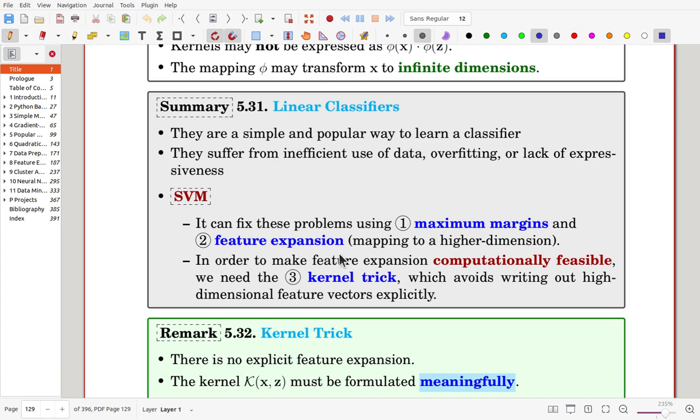So it is a non-linearization, a mapping to a higher dimension. In order to make the feature expansion computationally feasible, to save the complication and expensive steps, we need to use the kernel trick. So by using these three things, the SVM becomes so popular.